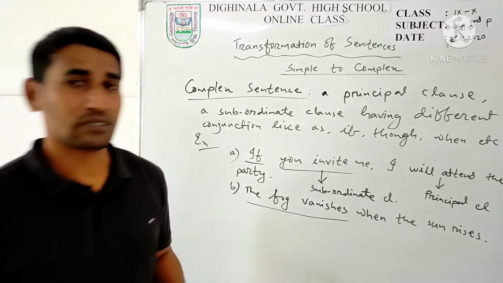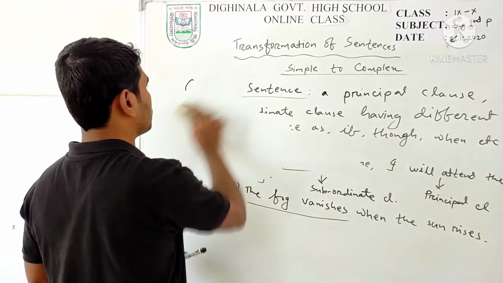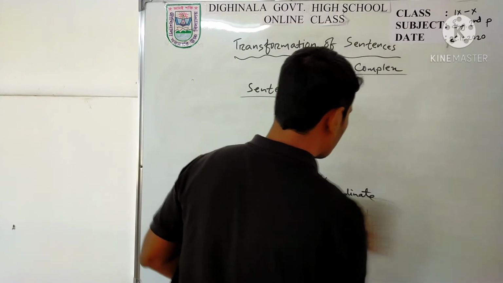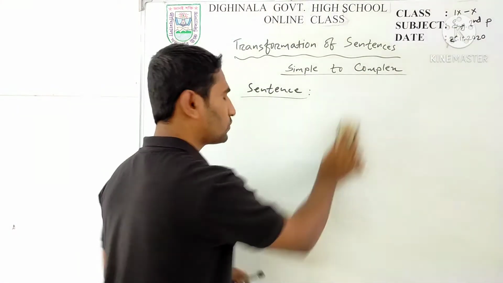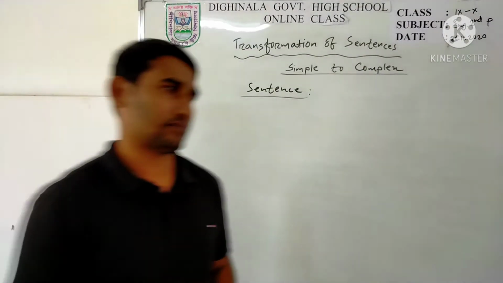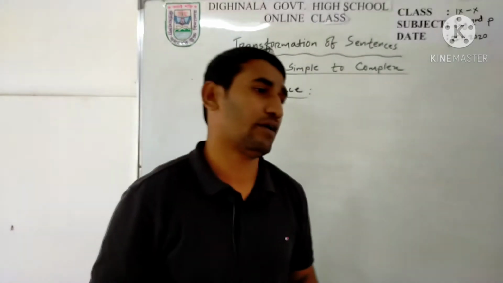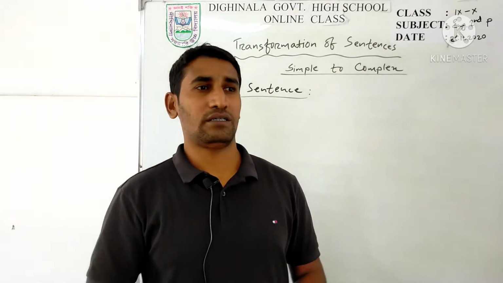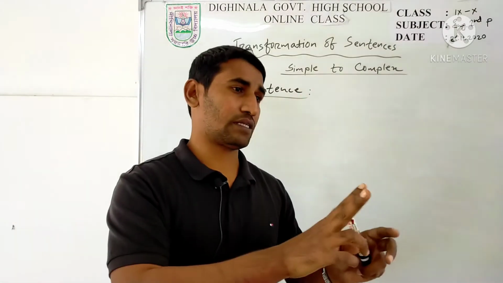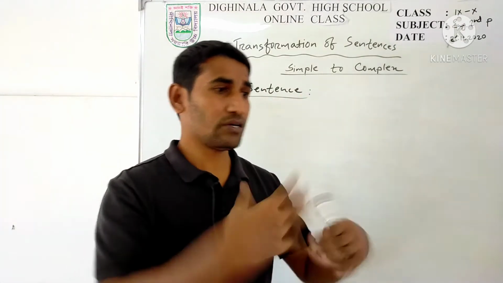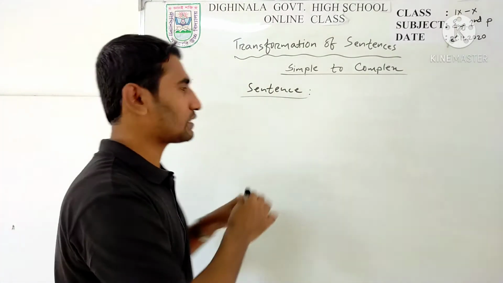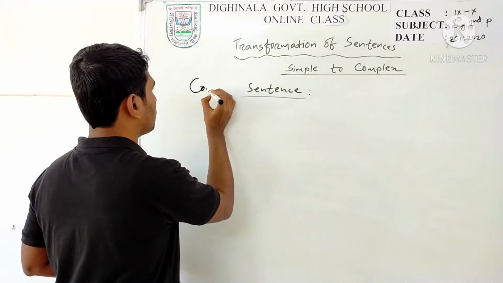Now come to compound sentence. Compound sentence is very easy. When you have two simple sentences, and in the middle portion you have and, but, or. If you join two simple sentences with a coordinating conjunction and, but, or, then you will get a compound sentence.